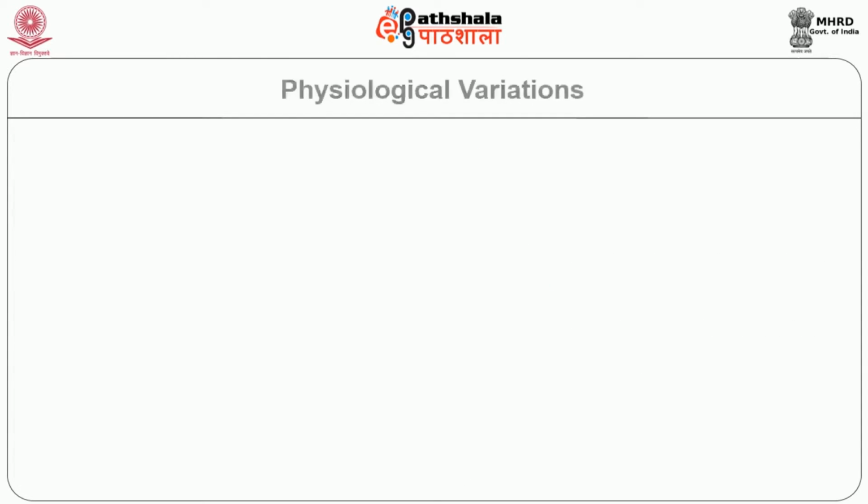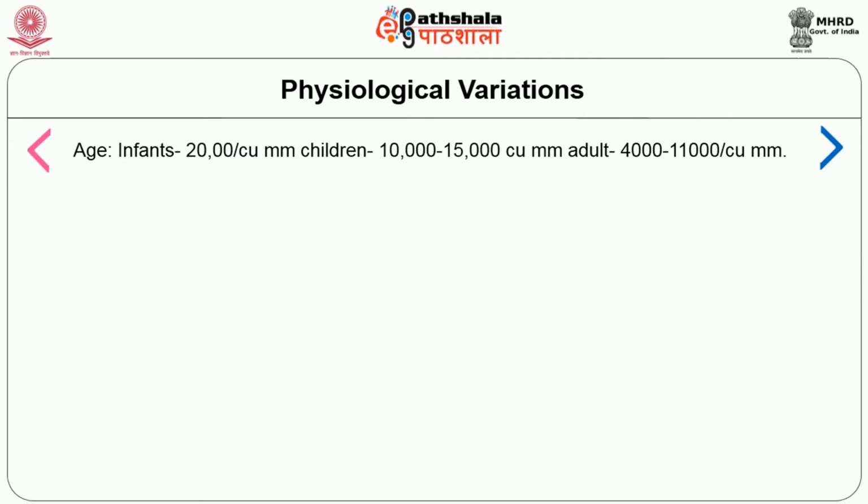Now, what are the physiological variations of WBCs? Number one is age. The WBC count is about 20,000 per cubic millimeter in infants and about 10,000 to 15,000 per cubic millimeter in children. In adults, it ranges between 4,000 and 11,000 per cubic millimeter of blood. Sex.